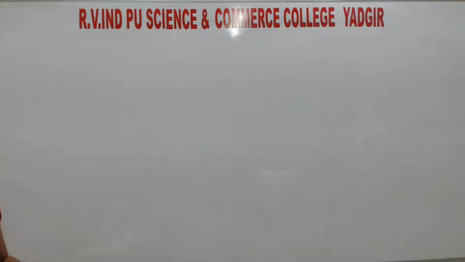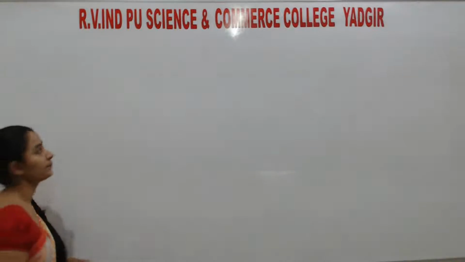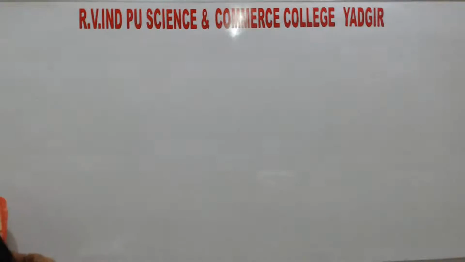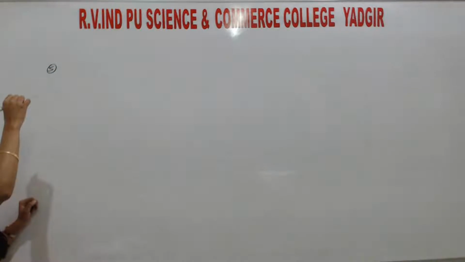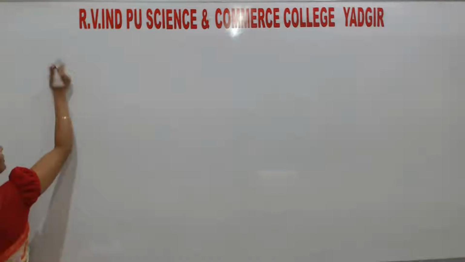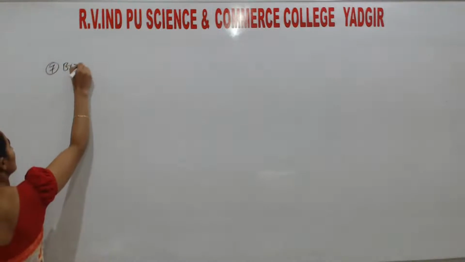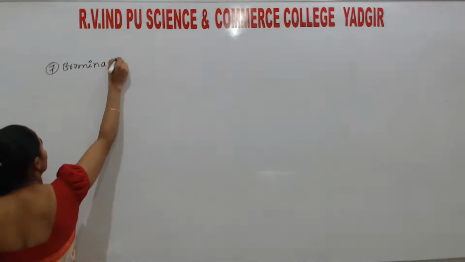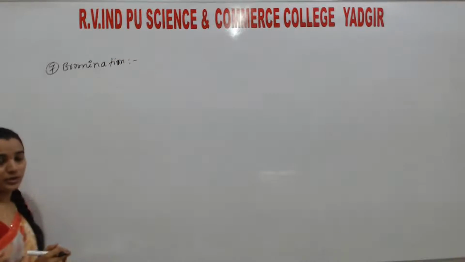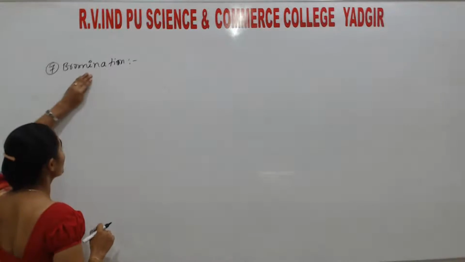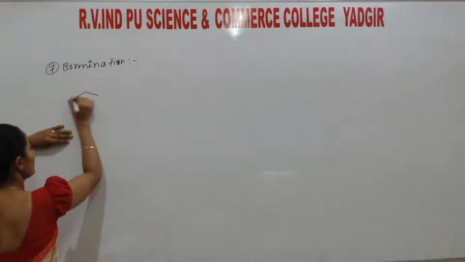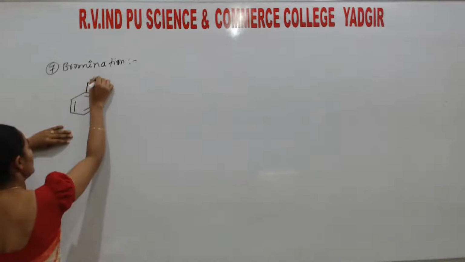Okay, so the next one is bromination, that is the fifth one. Bromination. So students, for bromination we consider the primary amine, or directly the aniline.